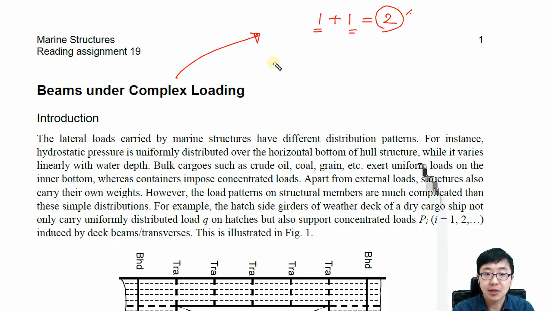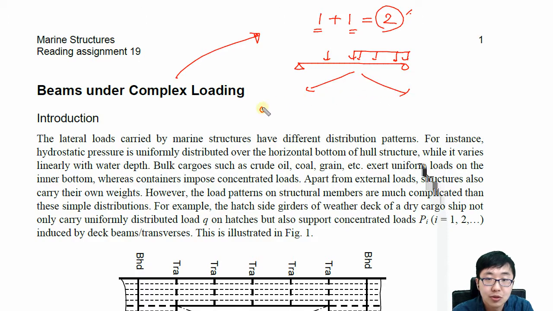There are several ways to apply the principle of superposition, and until now we discussed the beam methods. For example, they will provide a simply supported beam like this, and let's say the applied loading is a point load as well as a distributed load at the same time, which means that we can split it into two to solve these questions.